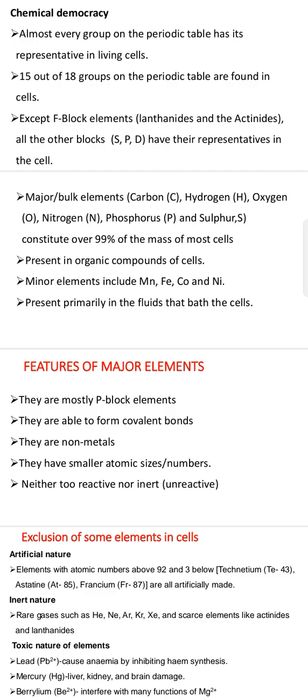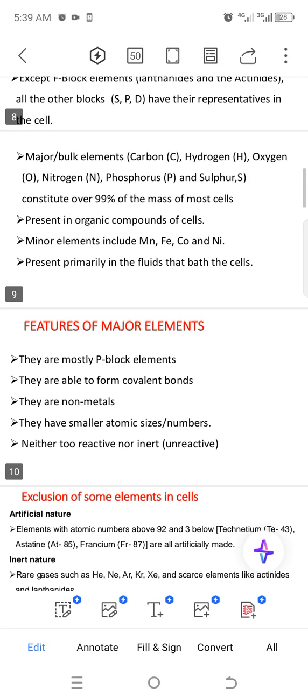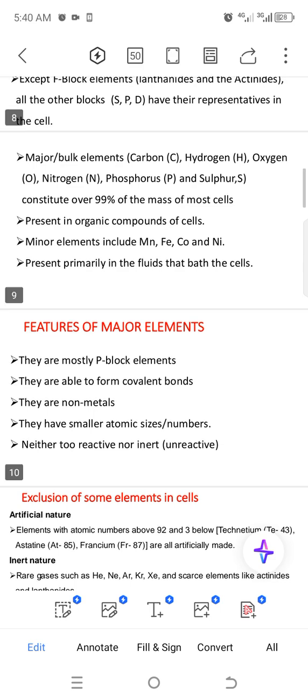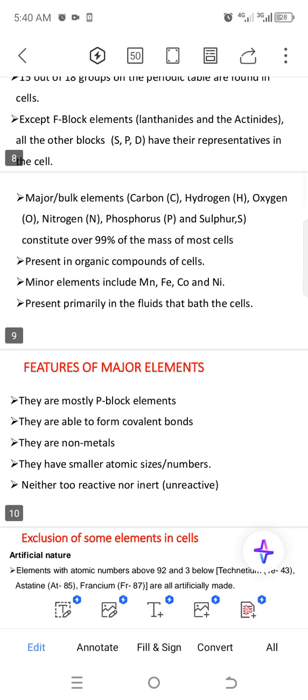So except these F block elements, that's the lanthanides and the actinides. On the periodic table, the lanthanides and the actinides can be found below, down the periodic table. So these F block elements are not found in the cells.